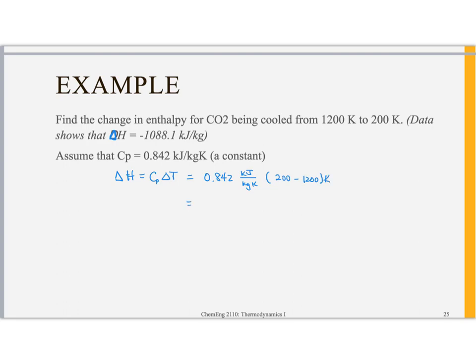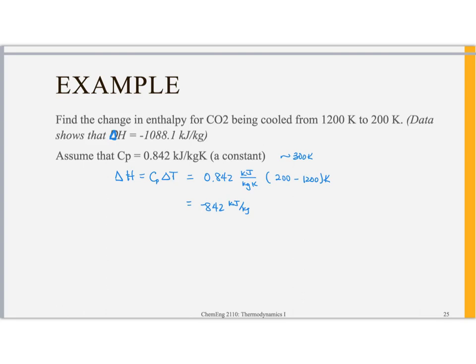And so therefore negative 842 kilojoules per kilogram. Now this isn't very close, right? And the reason is that this value of C sub P was at approximately 300 Kelvin. And although we go through that temperature, the temperature range is very wide.